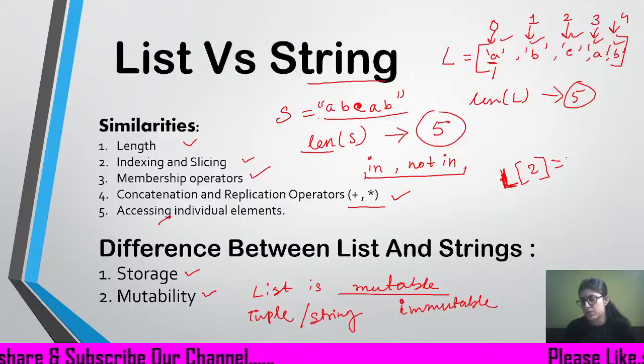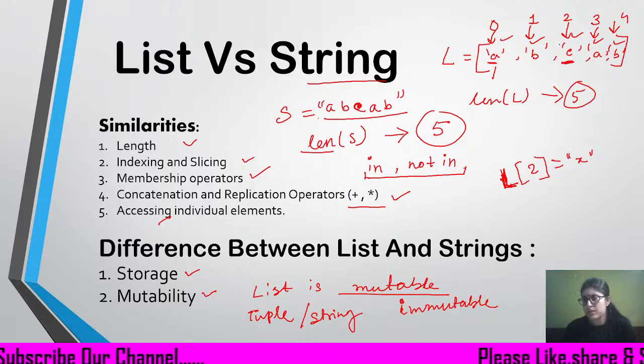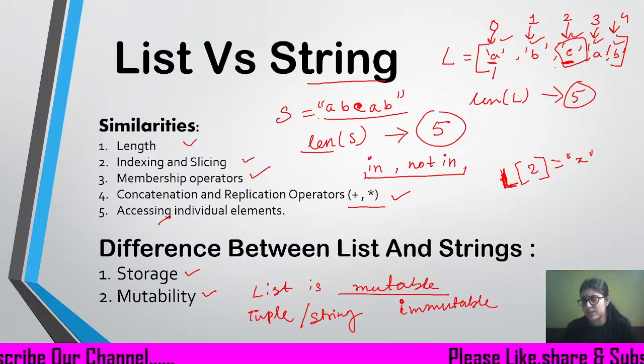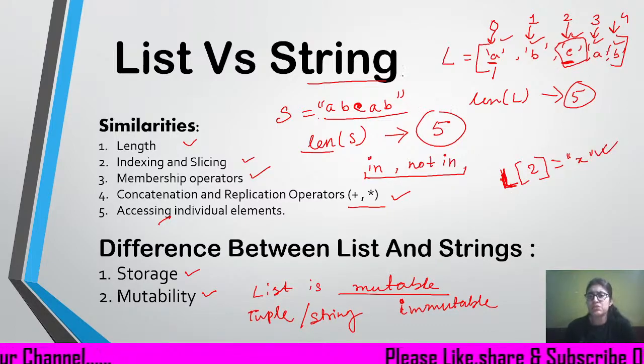Say I write index 2 equals x. Okay. So I want to update this element with x. It is possible. It is the correct syntax. But whenever I try to update this c in the string, it is not possible. It is not allowed by Python.